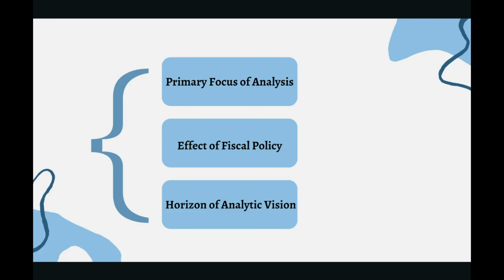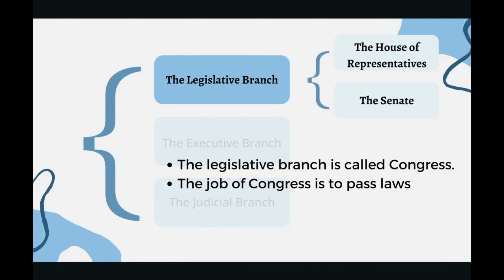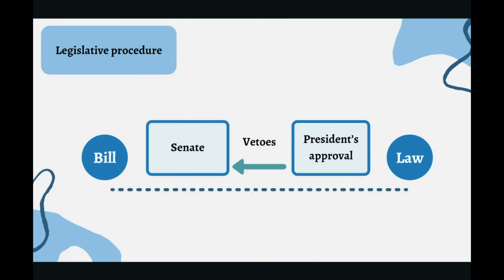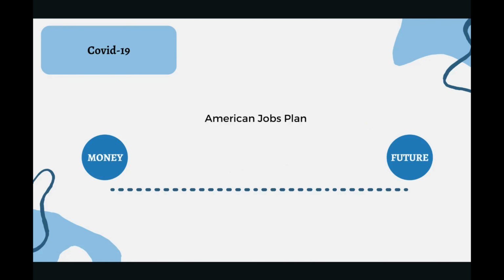About the COVID-19 impact, there is the American Rescue Plan that passed in March, and the proposed American Jobs Plan. That is the first plan that Congress proposed in order to save the American economy, and it is designed to sustain the expansion of the American economy at the same time.